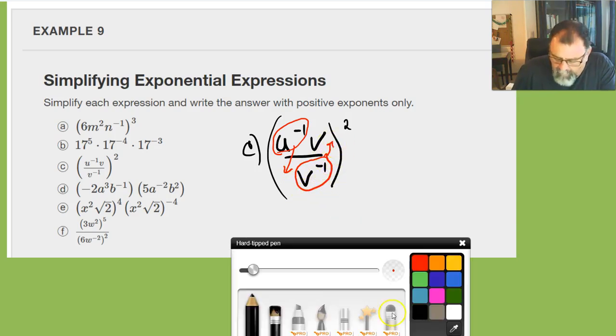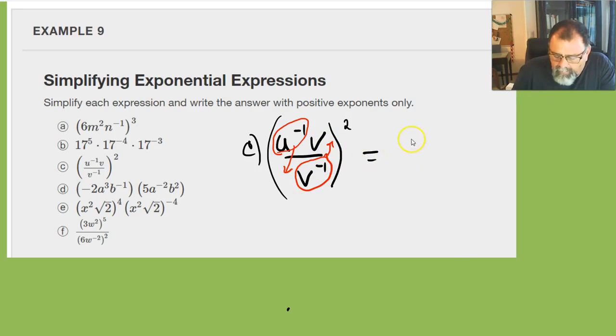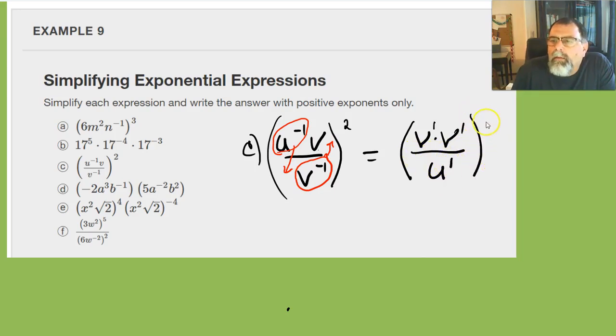So if I think of it that way, this V to the first comes up. So I have the V that's there, the V that's coming up, and I'm going to go ahead and put a 1 on this one. So V1. And then this one's going to the bottom. And then I have the square. 1 plus 1, since those are the same base, is 2.